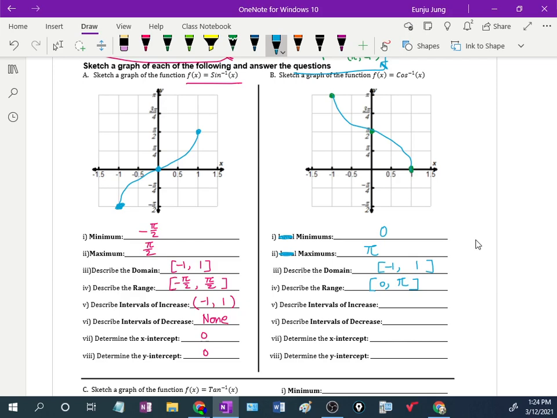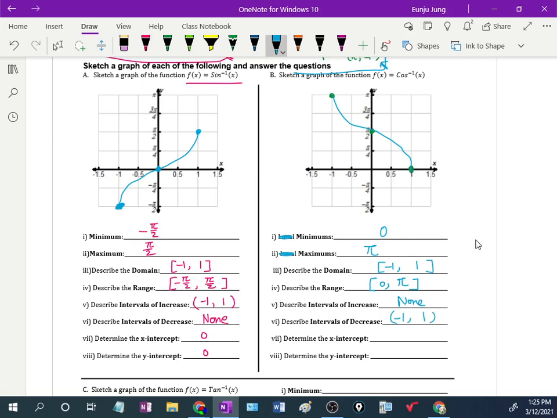So from left to right, the graph is going down, down, down everywhere, right? So there is no increasing. Where does it decrease? Everywhere on the domain, right? What's the domain? Negative 1 to 1. So you can use brackets or parentheses. Either way, fine with me.